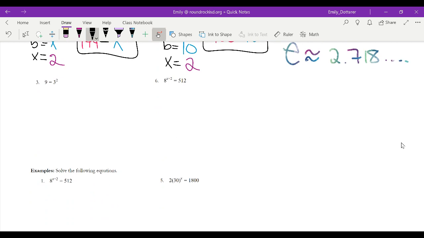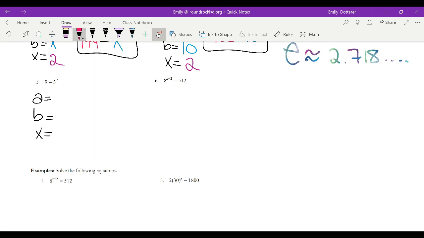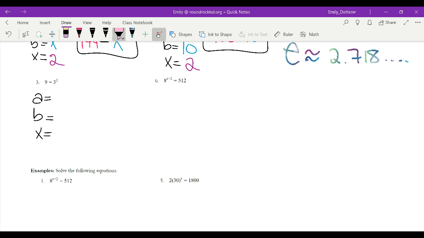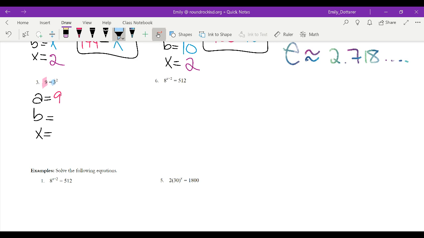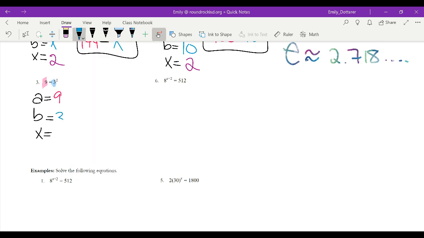Last 2, and then we'll start working on solving. So for an exponential, it's A equals B to the X, so A is 9. B will always be given when it's in exponential form first. It's 3.